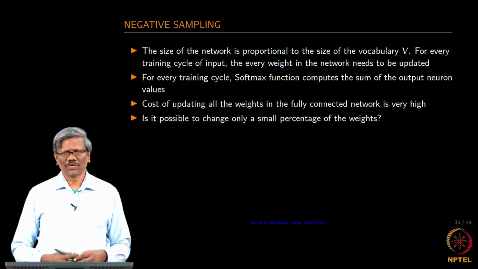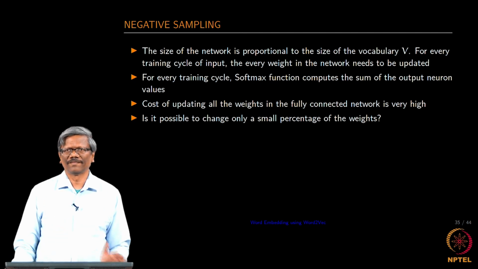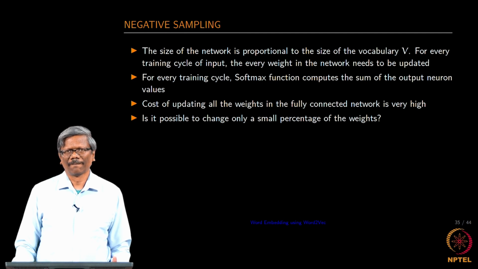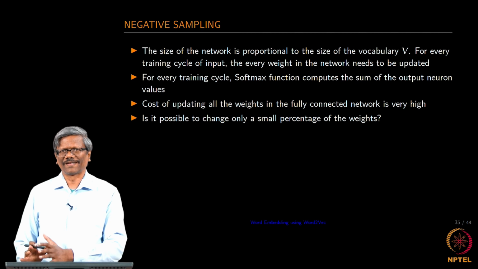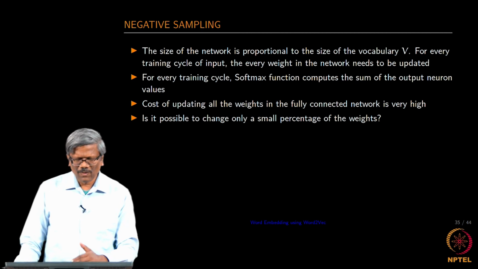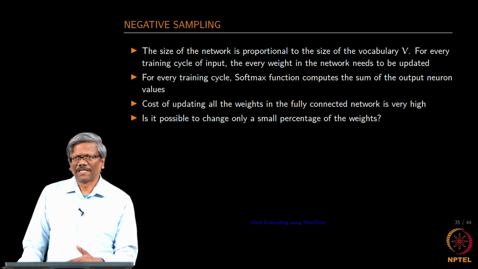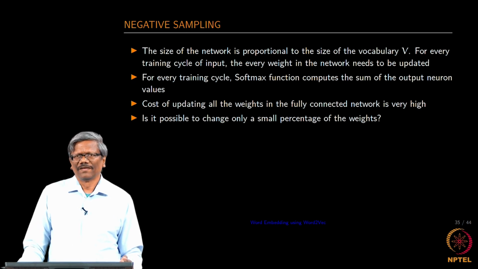Why should I update all my weights every time when they do not really make any impact on the learning? Which are those weights that I should not really bother about? When you look at that, the learning happens only for the context words and the input word, correct.